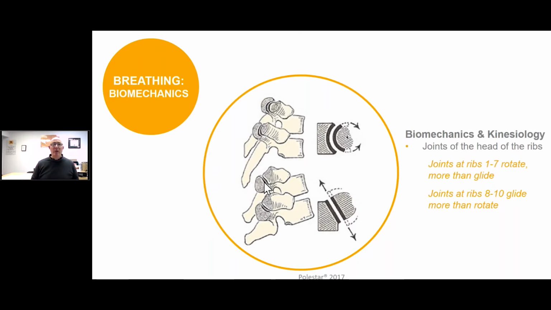So somebody who has a rigid thoracic spine probably is not going to get good displacement, especially in the upper portion, in the anterior posterior region. Somebody with a very rigid or extended, distended lower rib cage is probably not going to get good lateral excursion in their breath. So you get the idea of where that movement's coming from.